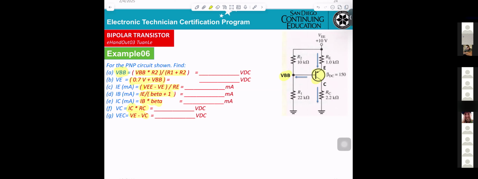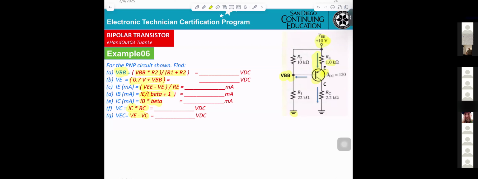And if you want the current IE here, you get the VEE and you get VE. The current IE equals VEE minus VE divided by RE. That's Ohm's law. And if you want IB or IC, use the formula, same thing as NPN.